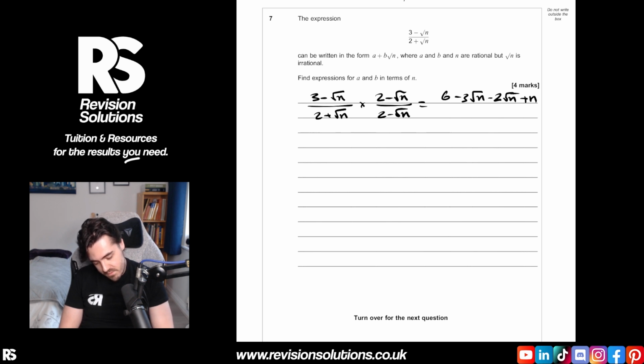Then on the bottom, the cross terms are going to cancel, so we just have to worry about 2 squared, which is 4, and then root n times minus root n, which would be minus n. So simplifying, in the numerator we're going to have 6 plus n minus 5 lots of root n, all over 4 minus n.